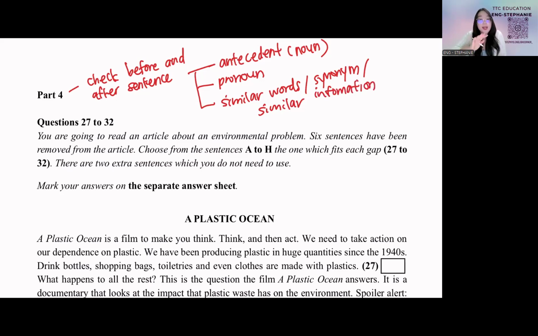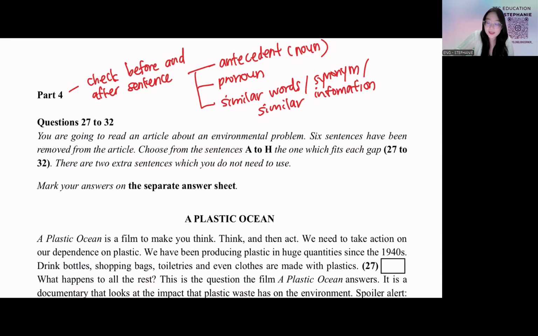Okay, so you check the sentence before and after the gap, and then you find this antecedent or any pronoun that can indicate the number or the tense form, something like singular, plural, semua tu, similar words, keywords lah, any key information. And then when you go to the options part, you try to match them. It's like a pairing game. Okay, the more it matches, the better it will be as the next sentence lah.